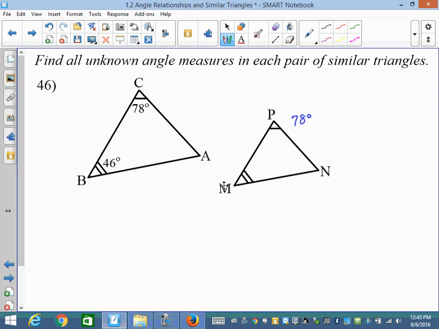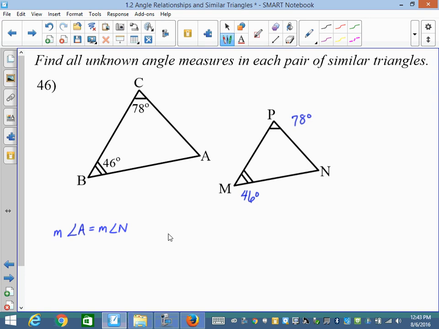So angle B and angle M correspond, so this angle must be 46 degrees. And that leaves us angle A and angle N. So the measure of angle A must equal the measure of angle N.